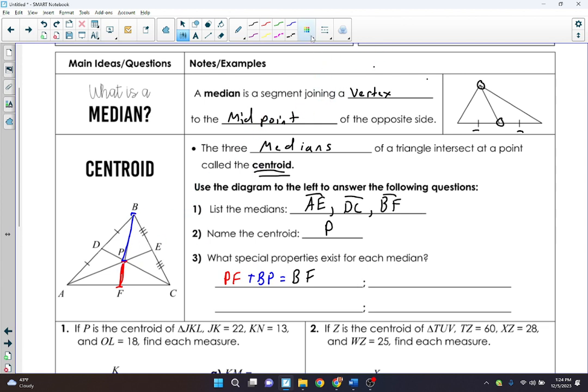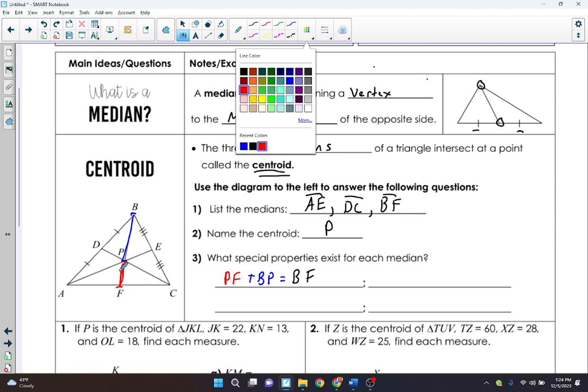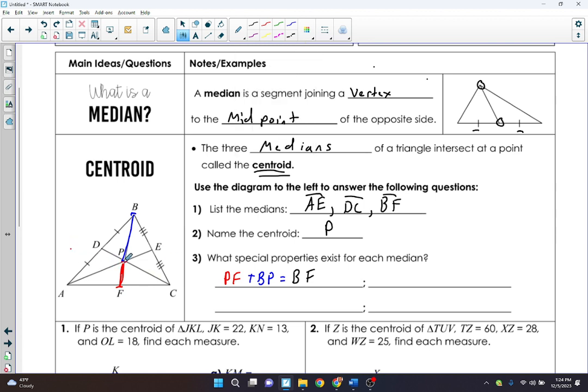What's interesting, though, is that the piece of the line, in this case PF, I could be talking about PE or DP, this segment of the line is going to be 1/3 of the whole line. So it's 1/3 of the whole line BF.